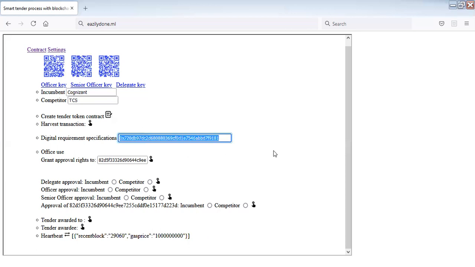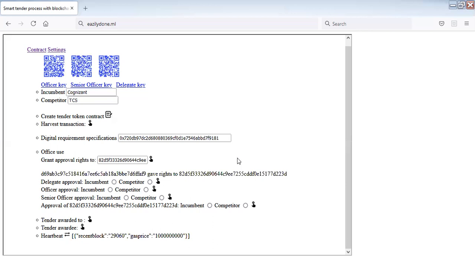the digital record of the contract being displayed, and we will give approval rights to various officers who are represented by their public-private keys in the blockchain for signing the transactions and evidencing their activity on the contract.